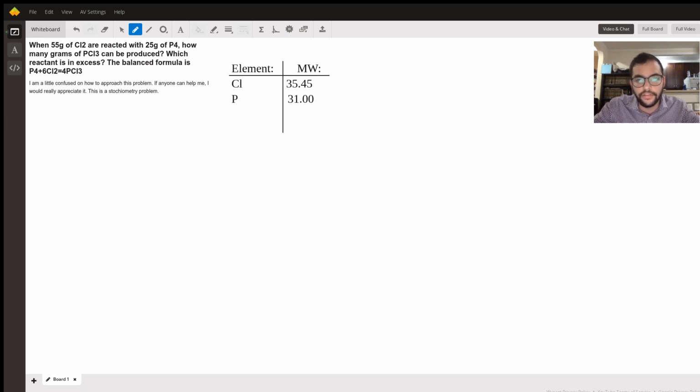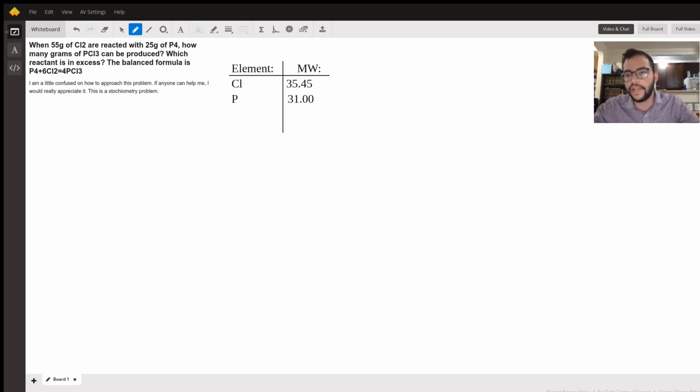convert the weights of your different reactants to figure out the number of moles of each reactant that you have, because each of your reactants weighs a different amount per molecule. Therefore, you can't just compare the weights as they are, because 55 grams of one compound is not necessarily more molecules of the compound than 25 grams of phosphorus.